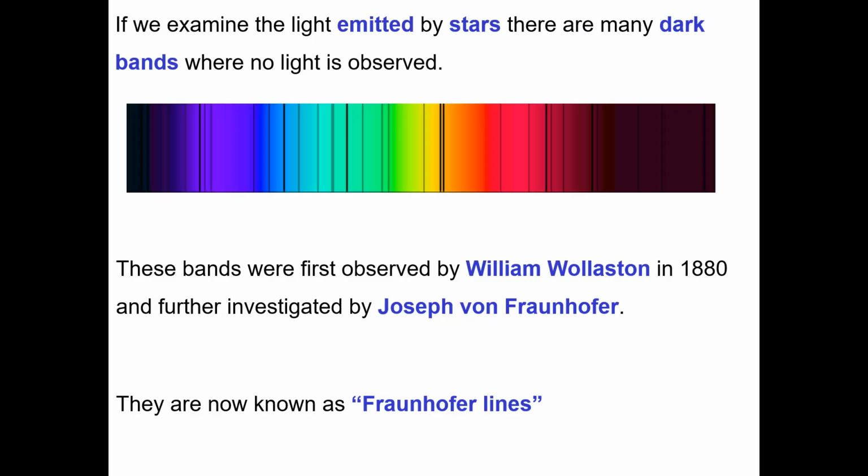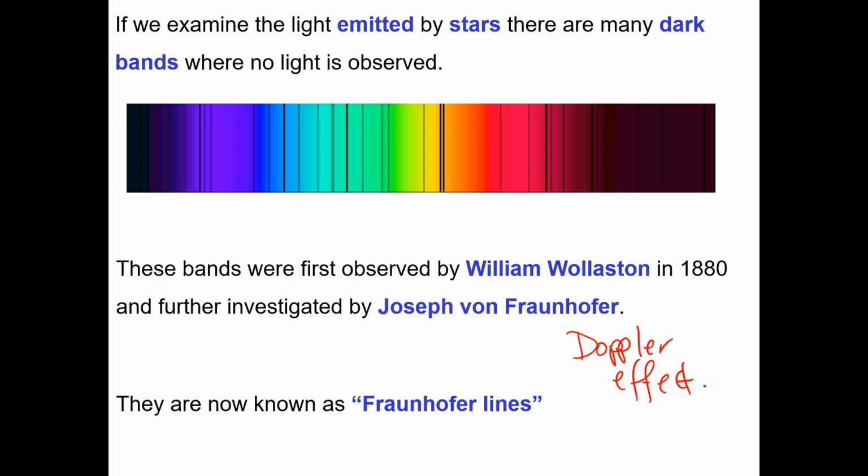Another piece of evidence that light is a wave is what we call the Doppler effect. And we can see the Doppler effect when we look at the light emitted by distant stars.